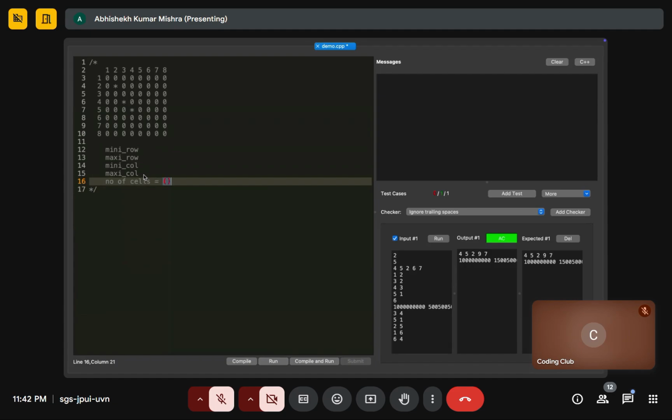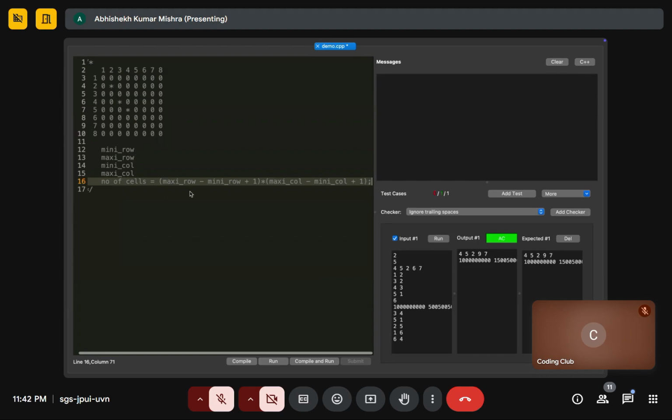Cells will be maximum row minus minimum row plus 1, into maximum column minus minimum column plus 1. So this is the number of cells, or basically the area of the rectangle which encloses the remaining n minus 1 monsters.